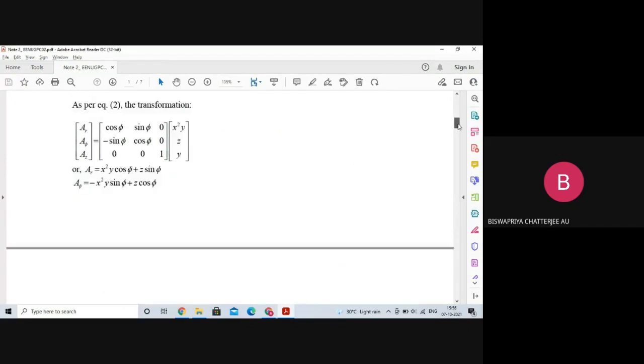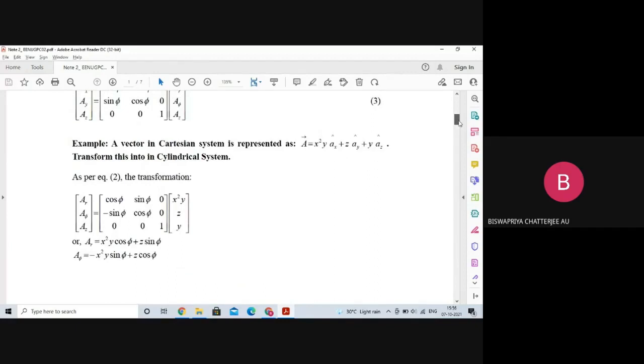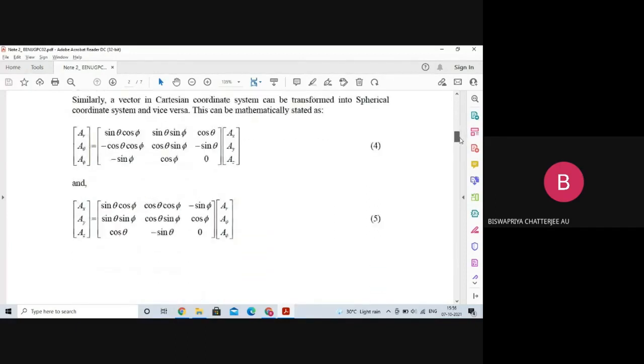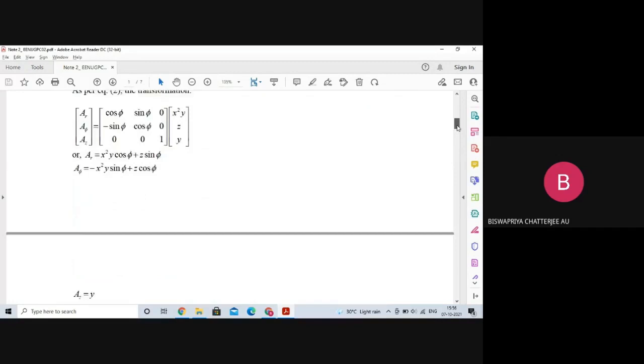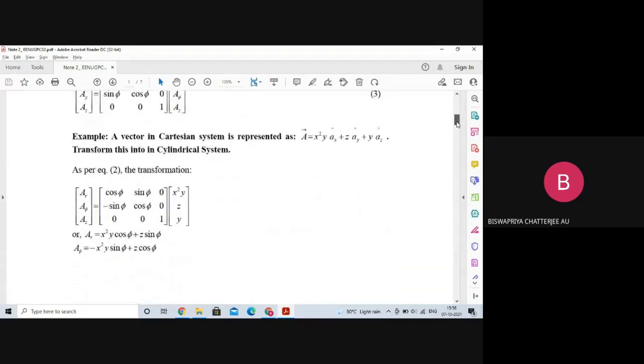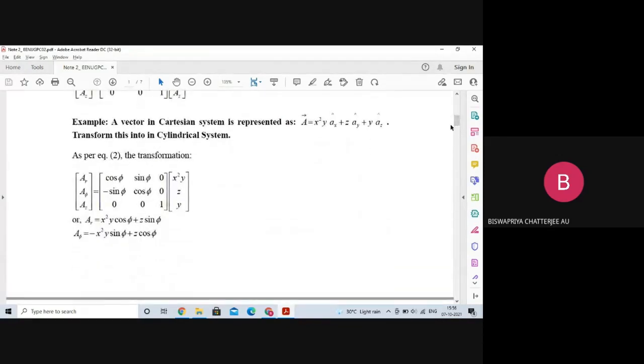But if you convert into the spherical system, then two terms will come at a time: sin phi, sin theta, cos phi, cos theta, cos phi. So the calculation becomes more difficult. Not impossible, but it needs more attention.